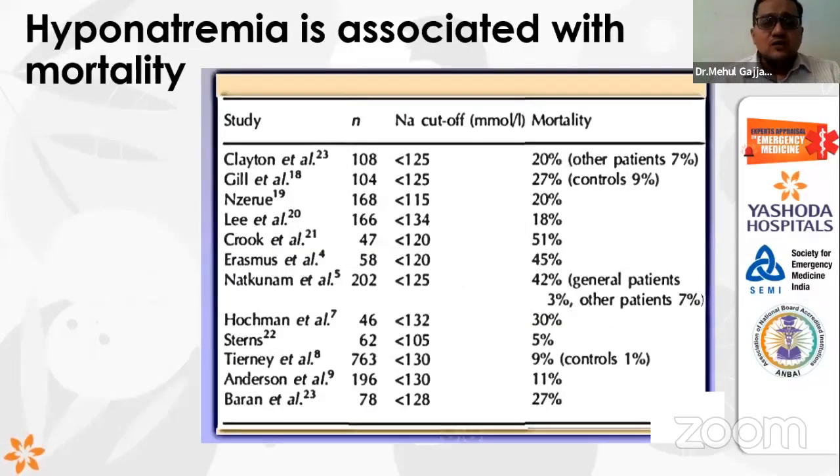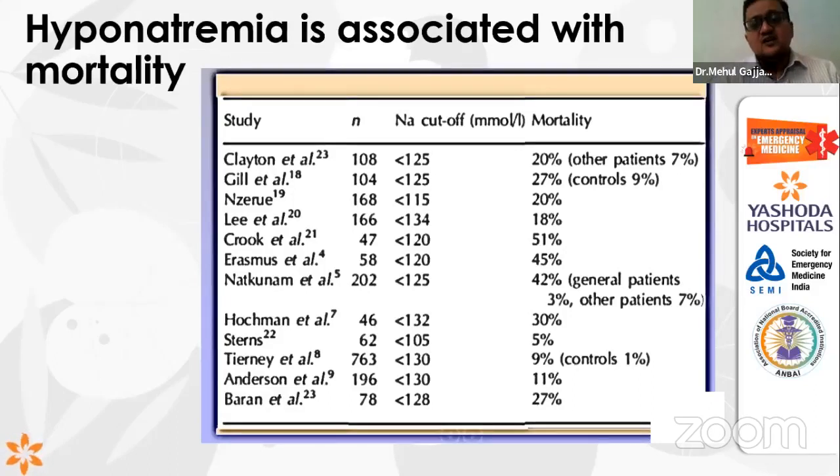Coming to the serious part, hyponatremia is quite often associated with mortality. These are various studies which show the correlation between sodium level and mortality. Most of these studies show that whenever the serum sodium level is less than 125 milligrams per liter, there is a mortality rate of around 20 to 25%.